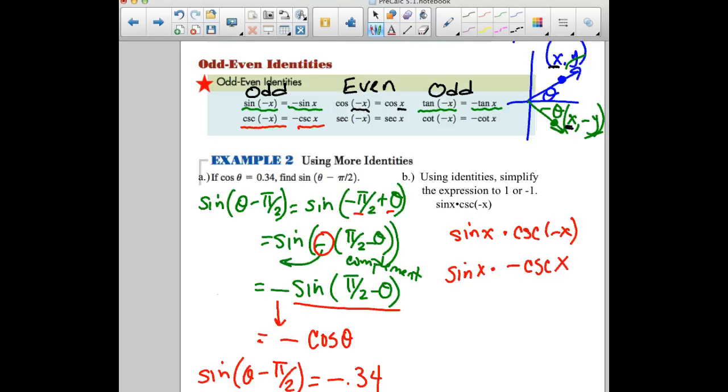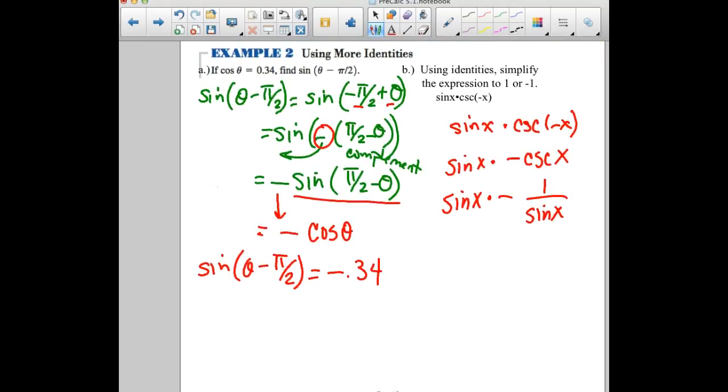Okay, and cosecant of x is the reciprocal of sine. And if you multiply the sine of x times negative 1 over the sine of x, your sine of x's are going to drop out, and this becomes negative 1.